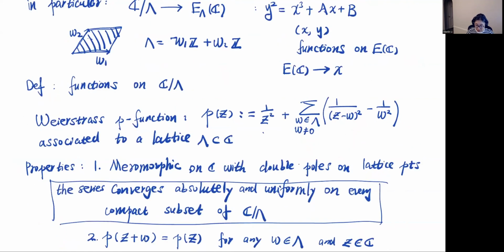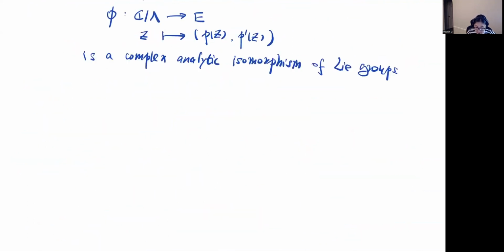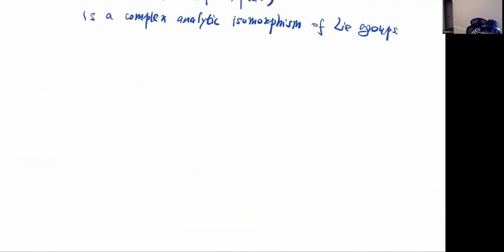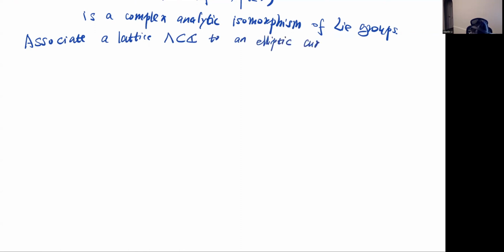So the next goal is to go backwards, namely to associate a lattice Λ in C to an elliptic curve E defined over C.